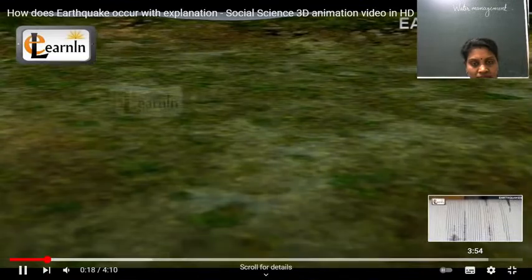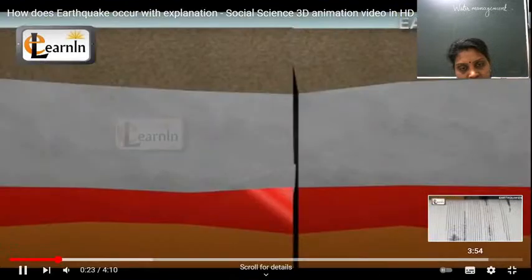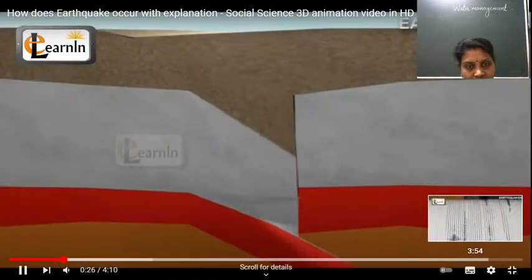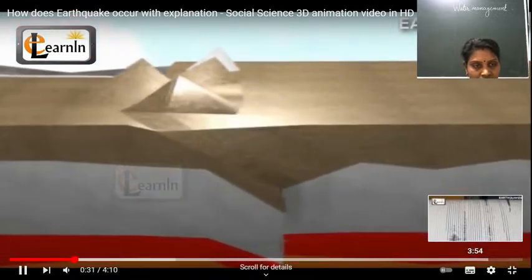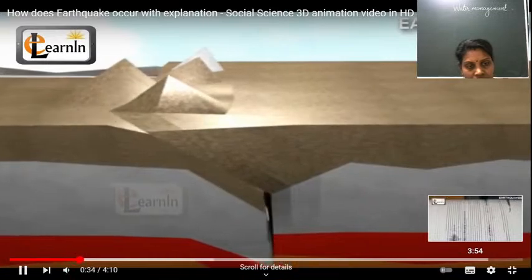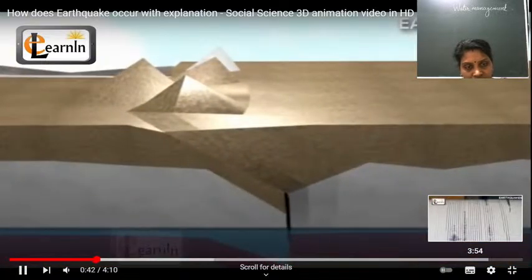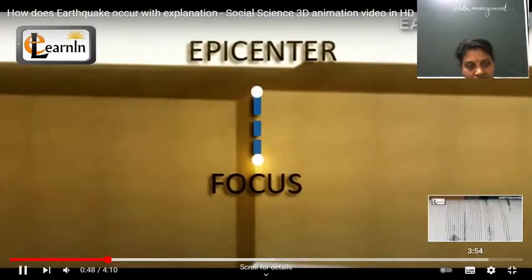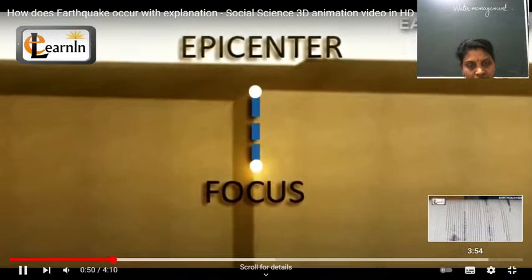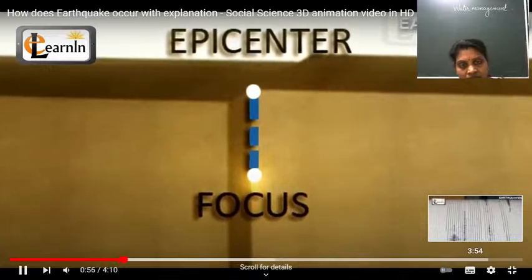An unexpected movement of the Earth's surface is called an earthquake. When two parts of the Earth's surface move suddenly in relation to each other along a fault line due to tectonic forces, an earthquake occurs. A tremendous amount of energy is released in the form of tremors and vibrations. Such earthquakes are called tectonic earthquakes. The point of origin of an earthquake is called the focus, while the point directly above it on the surface of the earth is called the epicenter.